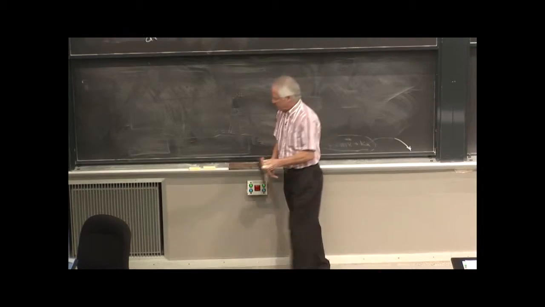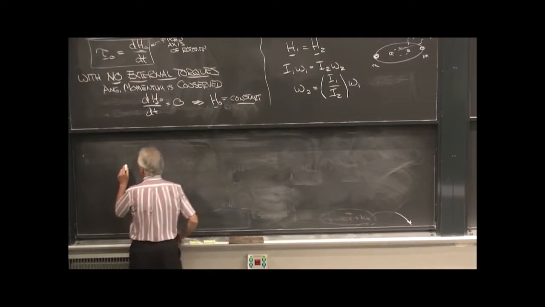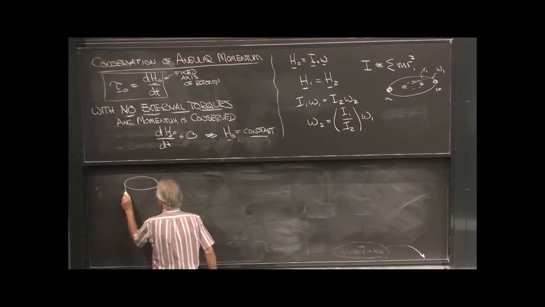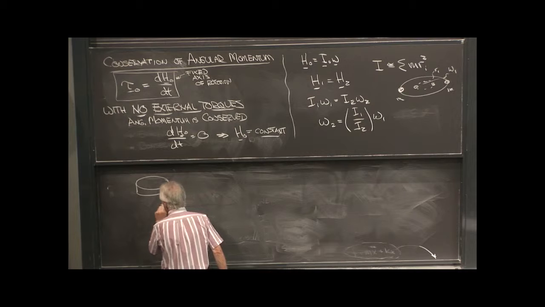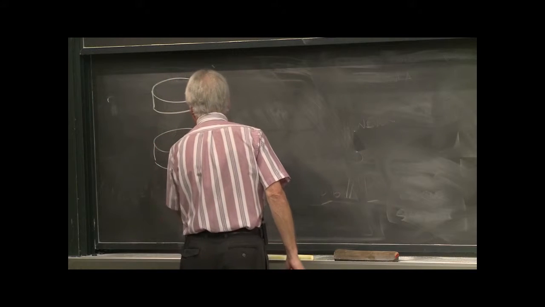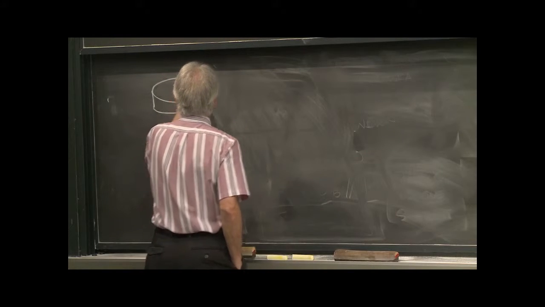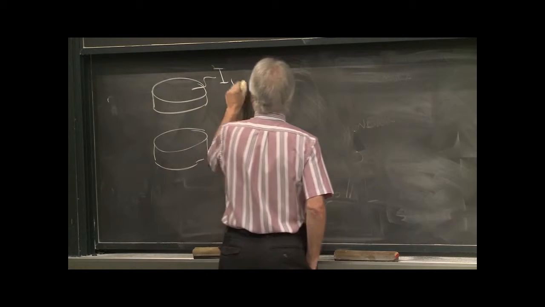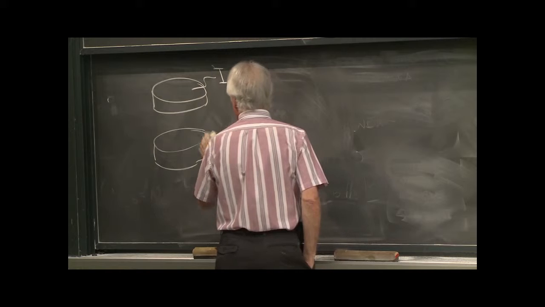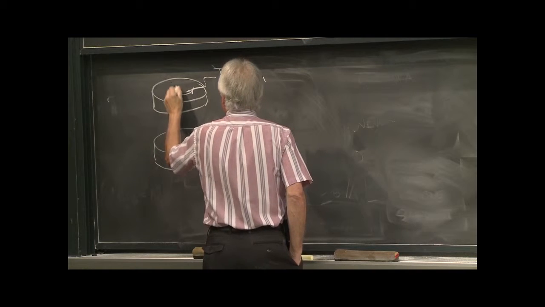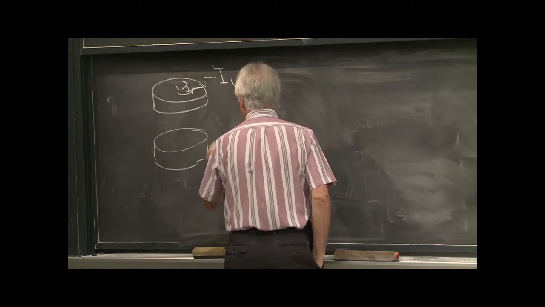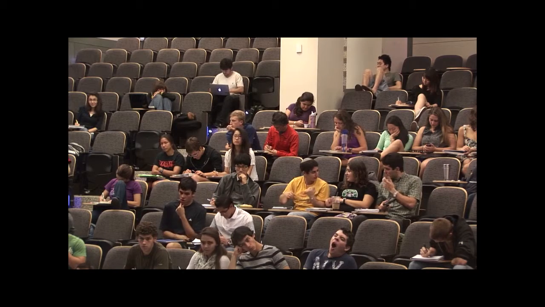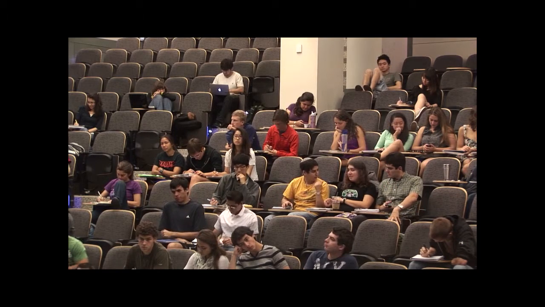Now here's the last one. I've been saving this because I have a demonstration here. This is a little different one. Imagine you have two rigid bodies, one with a moment of inertia I1 spinning at omega 1 and another of different I2 spinning at a different angular velocity.